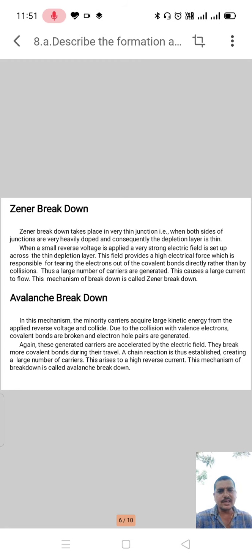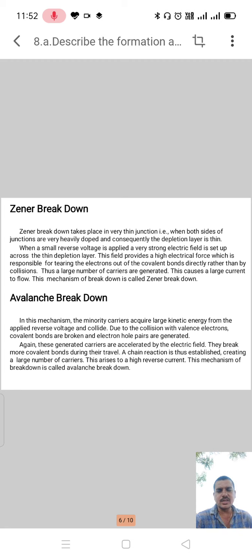When a small reverse voltage is applied, a very strong electric field is set up across the thin depletion layer. This field provides a high electrical force which is responsible for tearing the electrons out of the covalent bonds directly rather than by collisions.